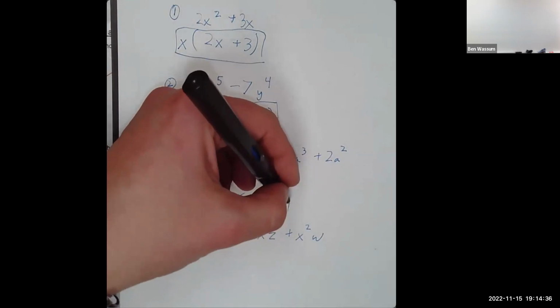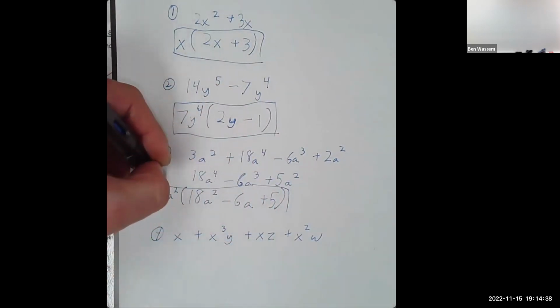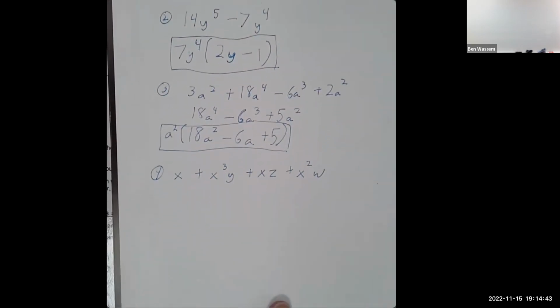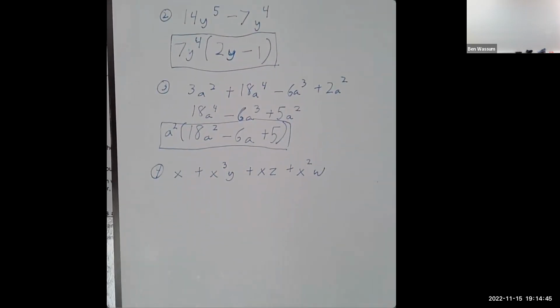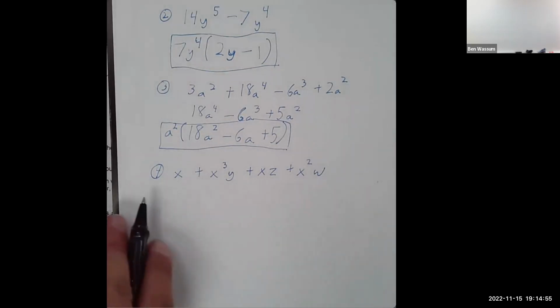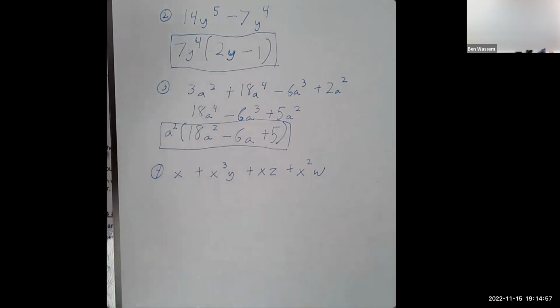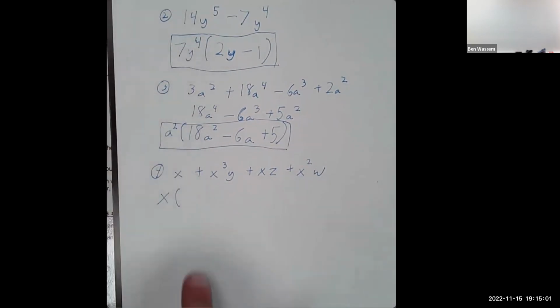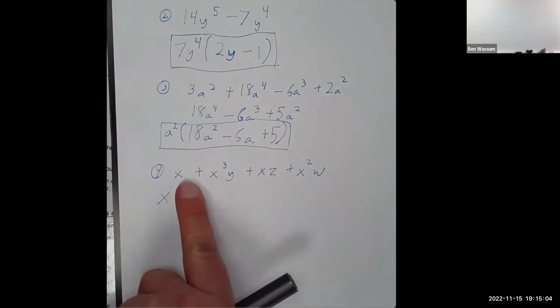Okay. Now just one left. We have x plus x cubed y plus xz plus x squared w. Gee, what's our common term here? The only thing they all have in common is an x. So if I pull an x out of everything, what do I have left here?